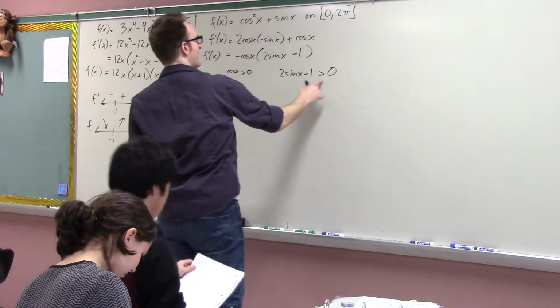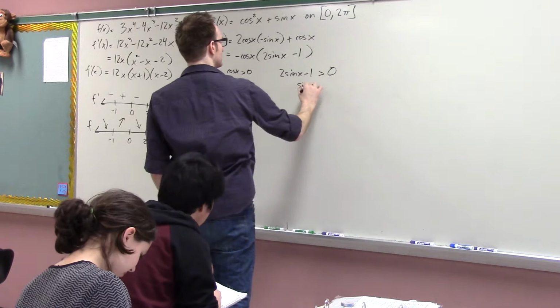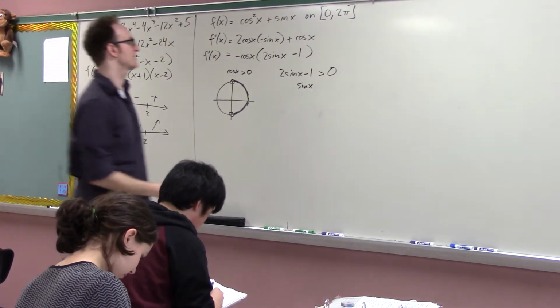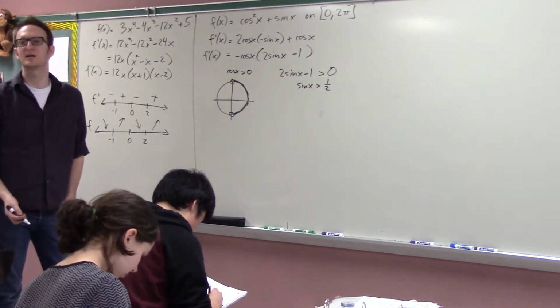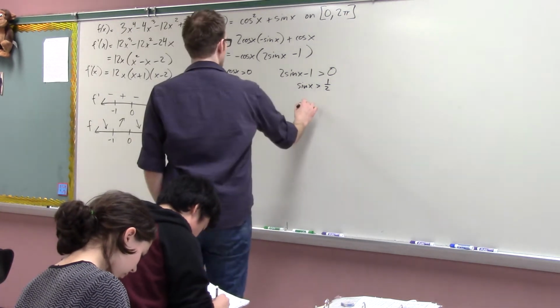And then this will be positive whenever sine x is greater than half, right? So when is that true? Draw a picture for that.